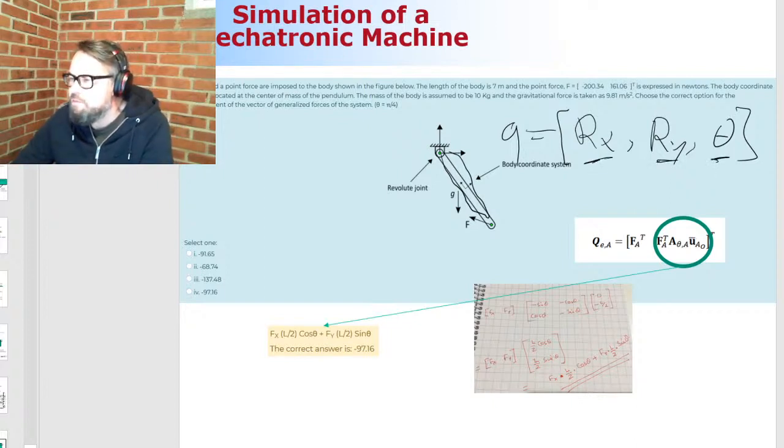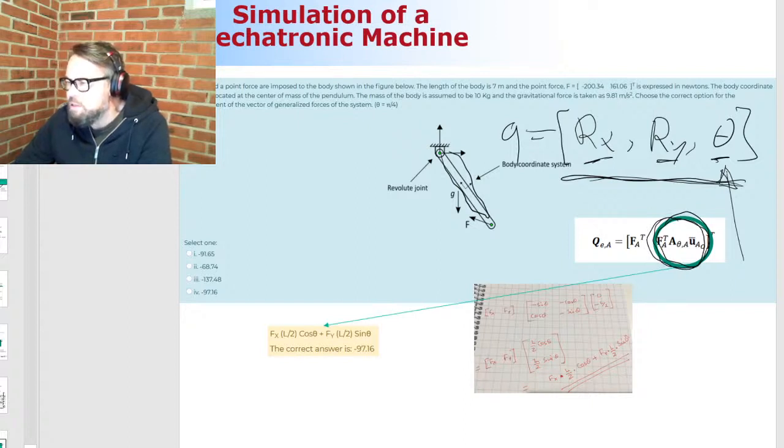The generalized forces are associated with these three coordinates. We're expecting you to give us the numerical value for the last component, which you can solve by simply substituting all the information into this equation.